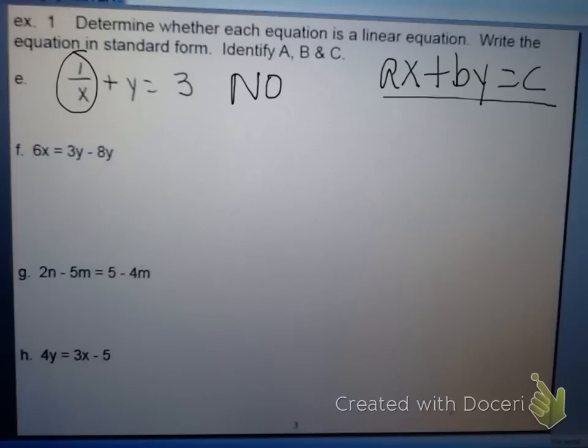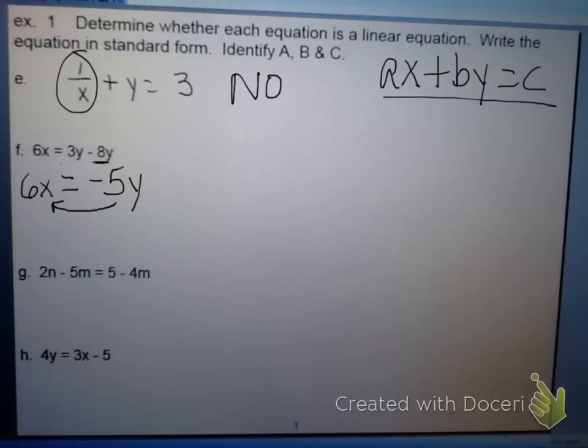Okay, let's look at example F. 6x equals 3y minus 8y. Well, could we combine those and get 6x equals a negative 5y? Okay, now again, is it in the form of ax plus by? We need to move the negative 5y to the other side.